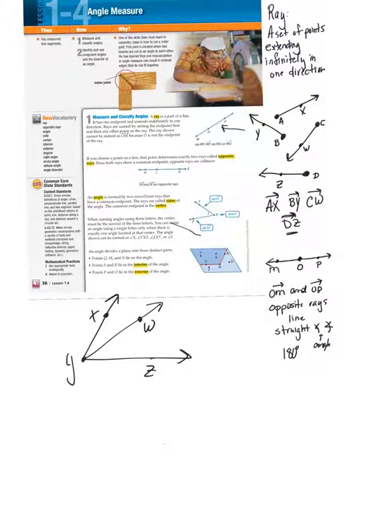Okay, if I am wanting to name this angle, this entire angle, and I'm going to put a symbol in here that we'll use to identify what angle we're talking about. If I want to name that angle that has the sides YZ and YX, I can name that angle using the three letters that are on the angle. I would say angle, and like I said, I put the slash through it.